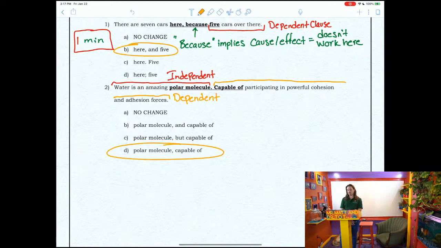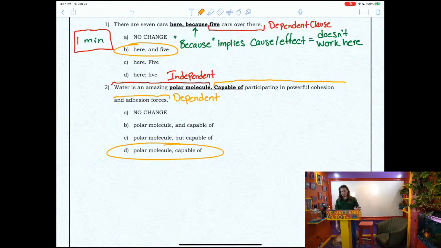But technically, being a strict grammarian, you would need a comma. But sometimes you might see writing that doesn't use commas when the clauses are really short like that. So I just wanted to let you know. It's not a contradiction of this. It's just a different consistency and sensitivity to how short the clauses might be.